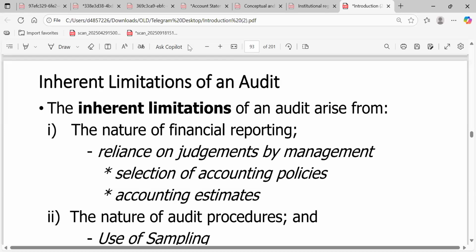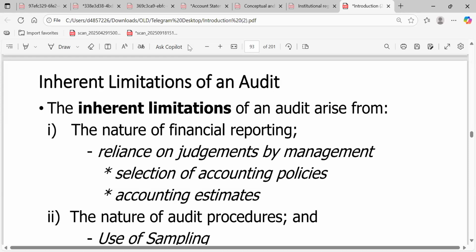So because of these estimates and judgments that management may take, for example, in selecting their accounting policies, management can decide that we are using FIFO. Another management can decide that we are using weighted average just to measure inventory. Management can decide that we are using straight line method.